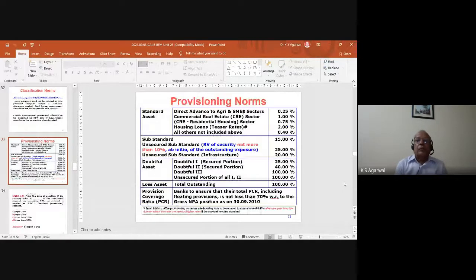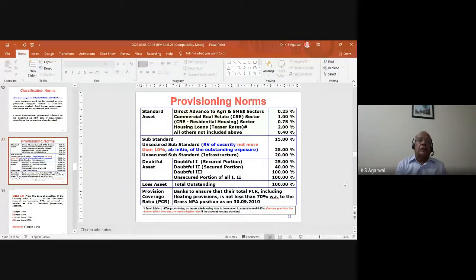No problem. Now this table is very important. Provisioning norms: standard asset, substandard, doubtful, loss. How the provision calculations are to be made. In case of a standard asset, direct advances to agriculture and SME sector attract a provision of 0.25%.